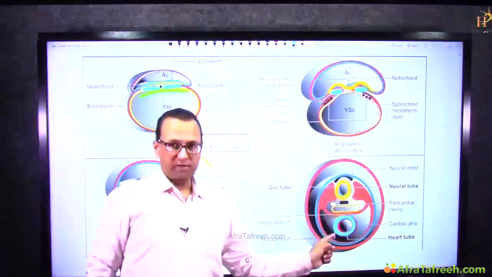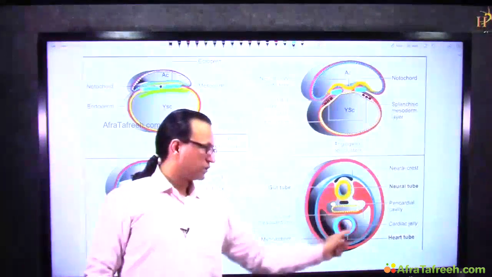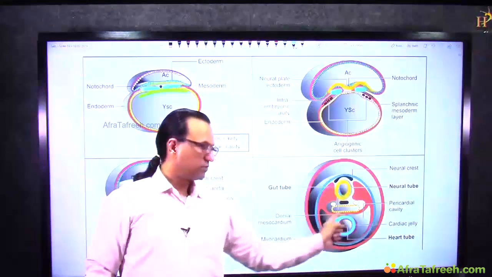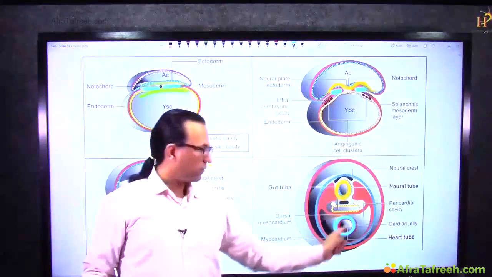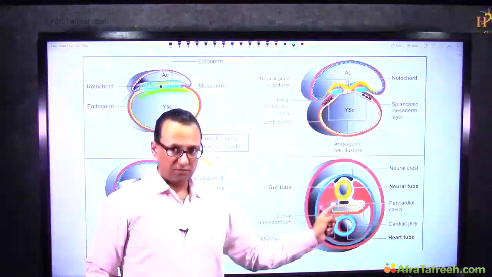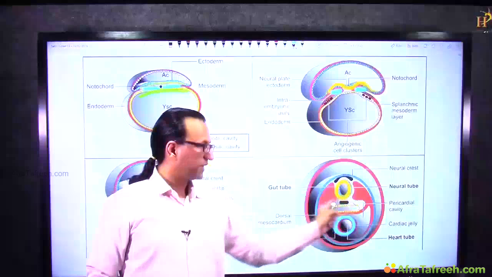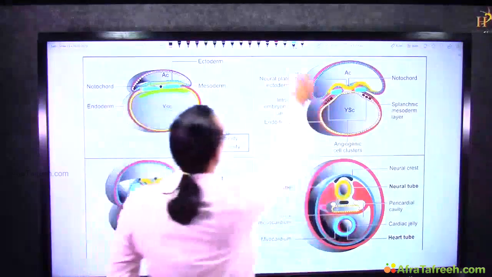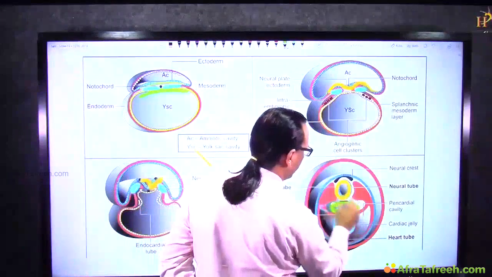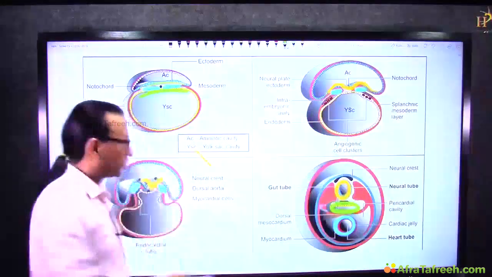It will have cardiac muscle and smooth muscle. So where are they coming from? The mesoderm. And which mesoderm? That we will have to find out. What about the gut tube here, which you see? That is from endoderm. Endoderm of what? If you are talking about the gut tube here, this gut tube would have come from the endoderm of the yolk sac here.